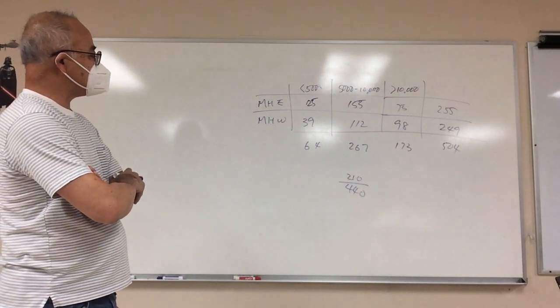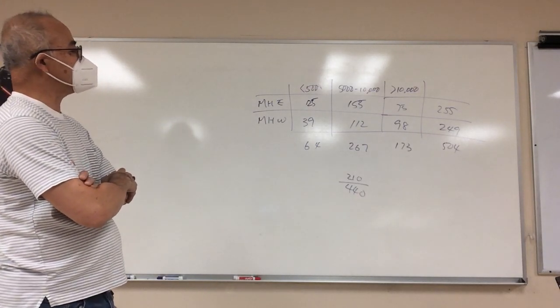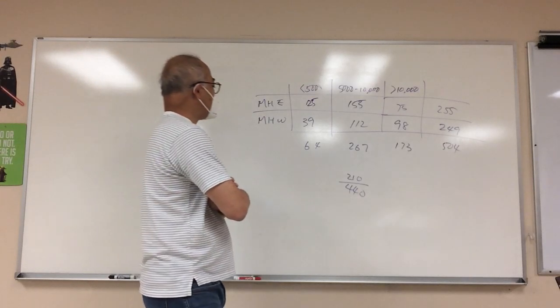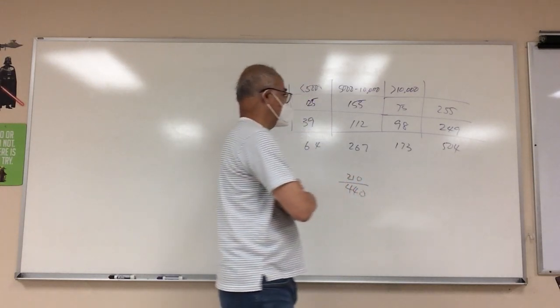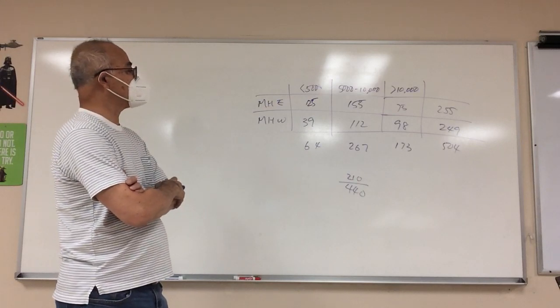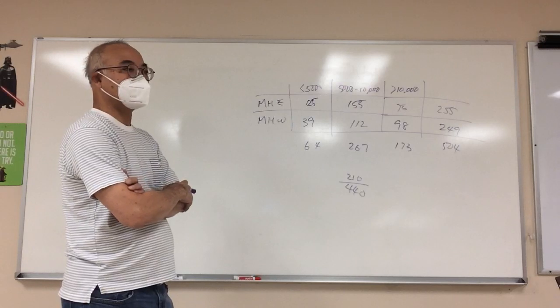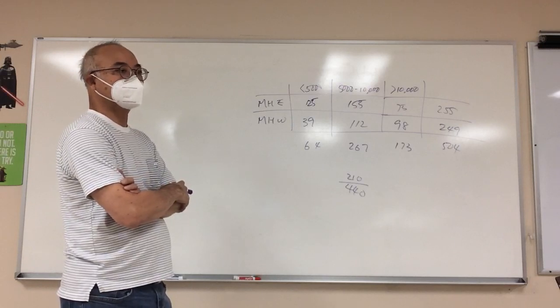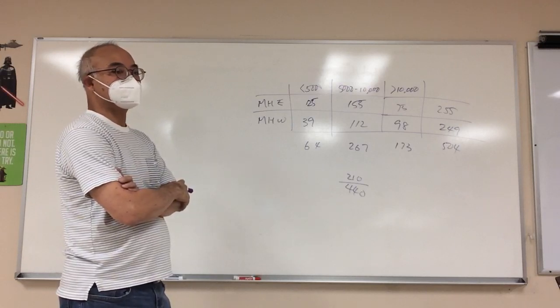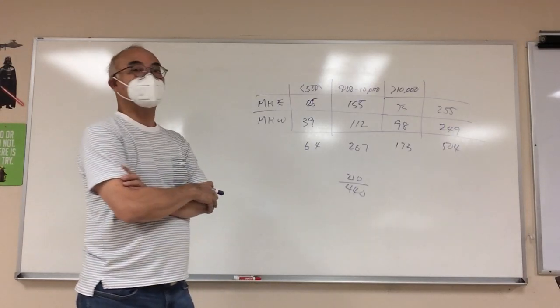Let's see what else I can ask here. Given a student was attending Manhattan West, how many students are planning to attend a college greater than at least 5,000? What would be the answer to that question? 210 over 249.